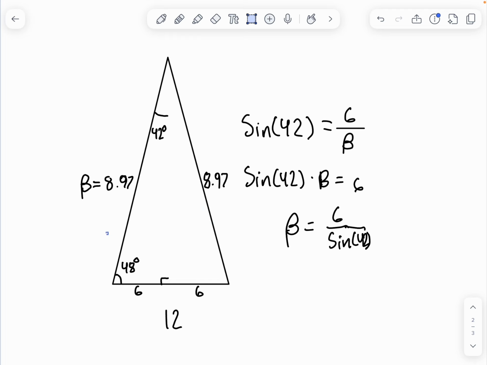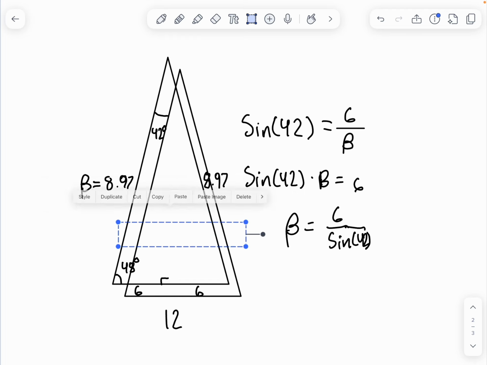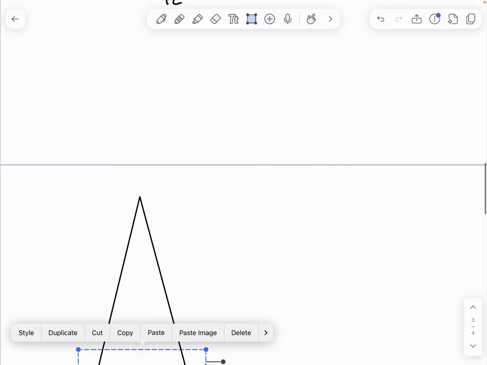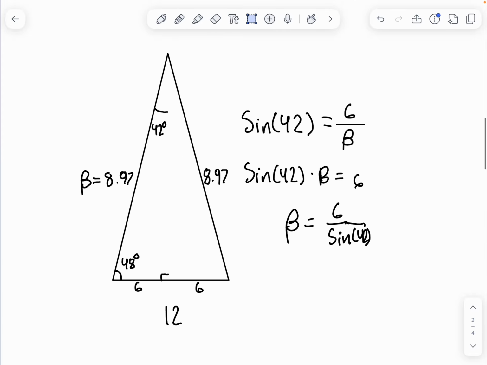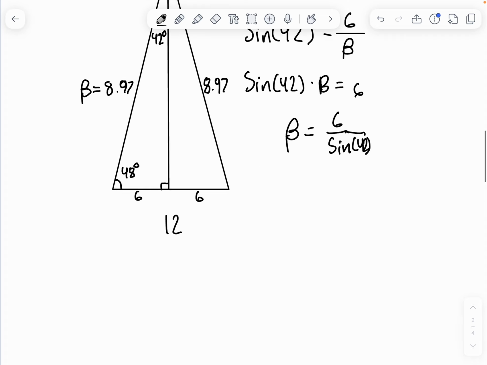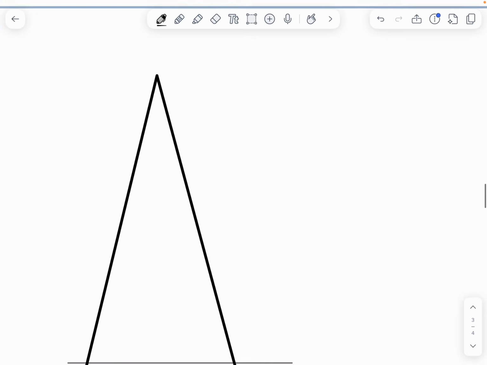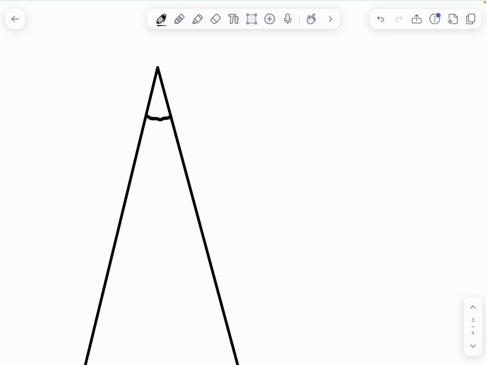And now we can finally write our answer. So since the top is 42, this is going to be equal double that, so 84.